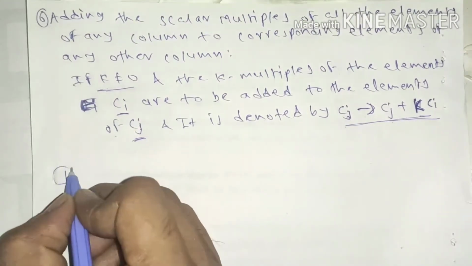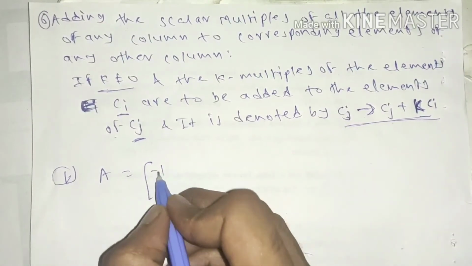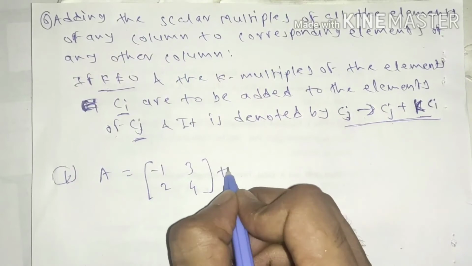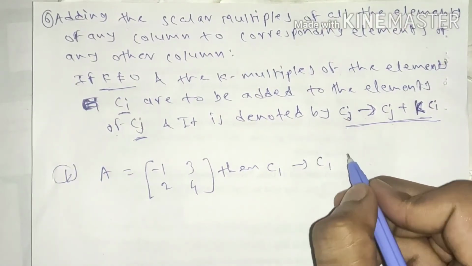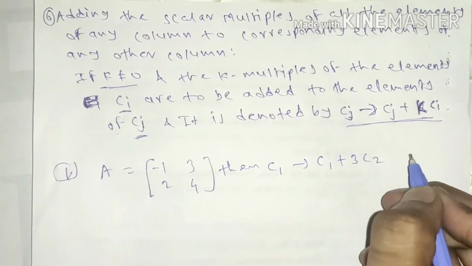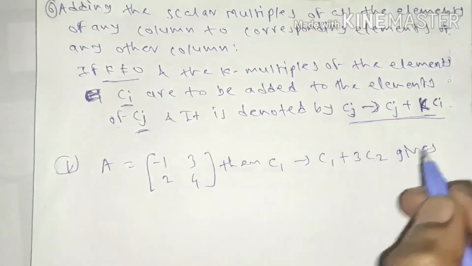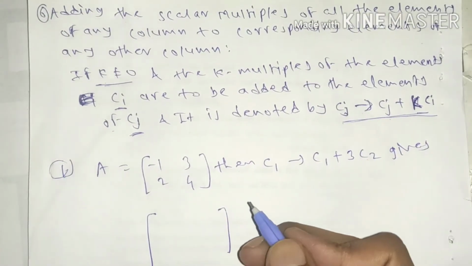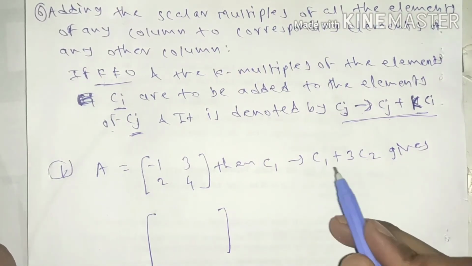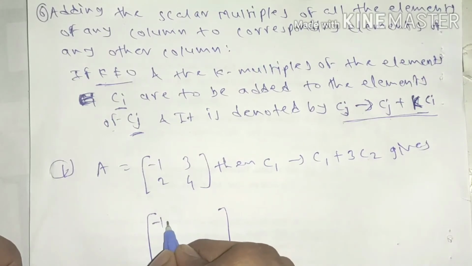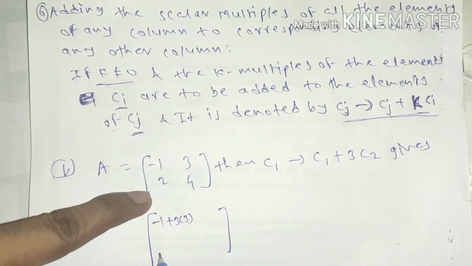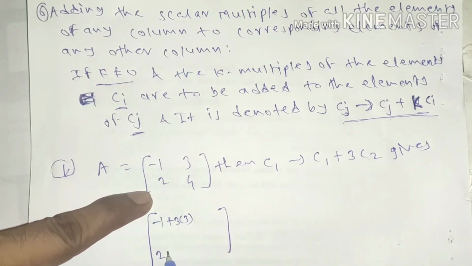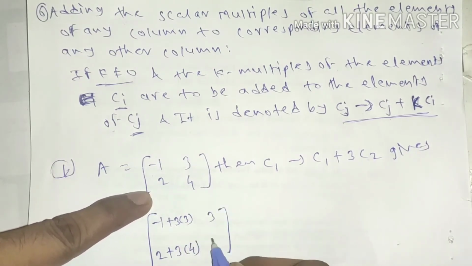So for example, your matrix A is minus 1 2 3 4, then C1 changes to C1 plus 3 times C2 gives, we will add 3 times the second column to our first column: minus 1 plus 3 times 3, and the second entry of the first column will be 2 plus 3 times 4, and the second column is the same.